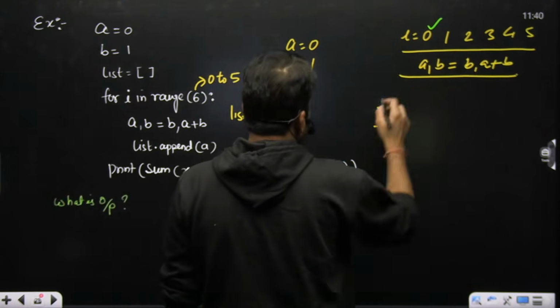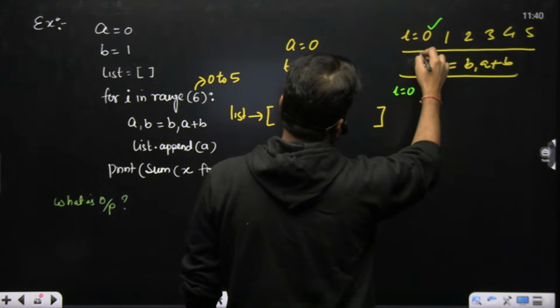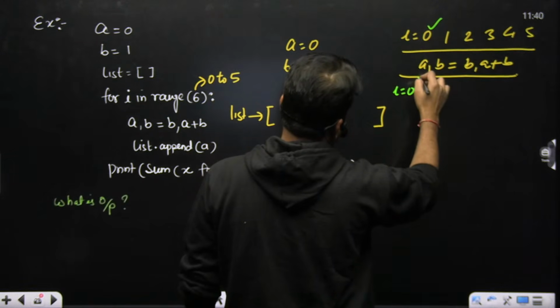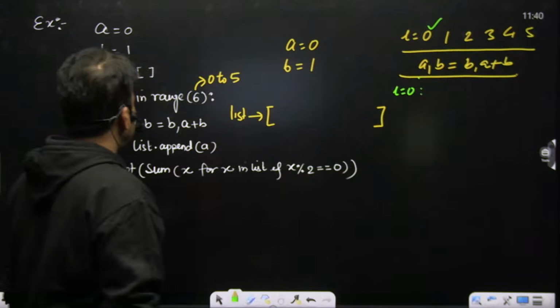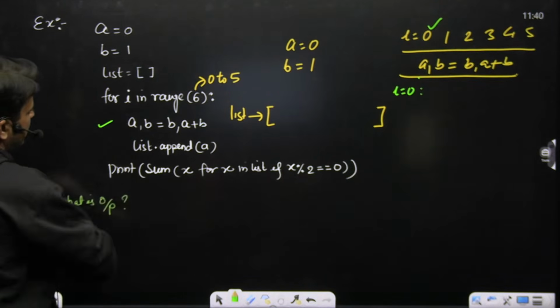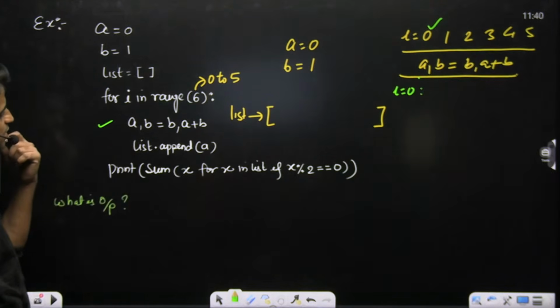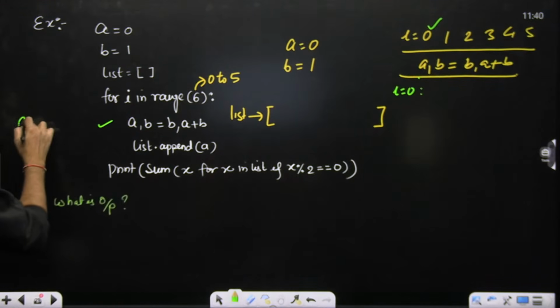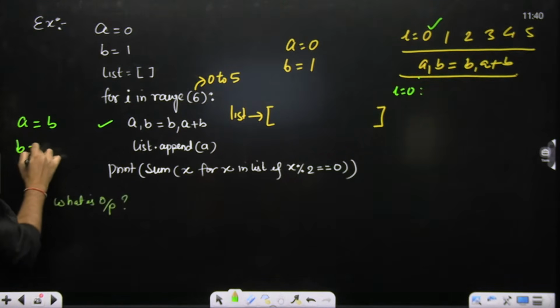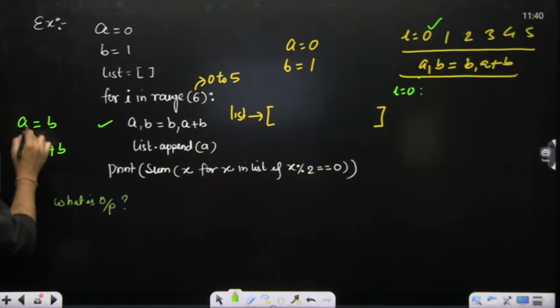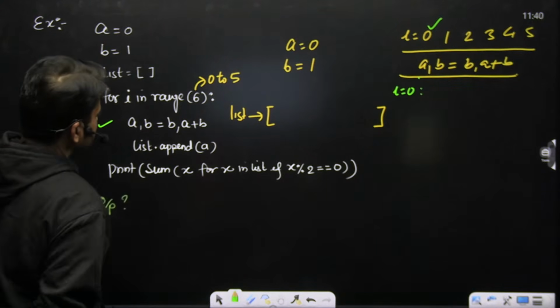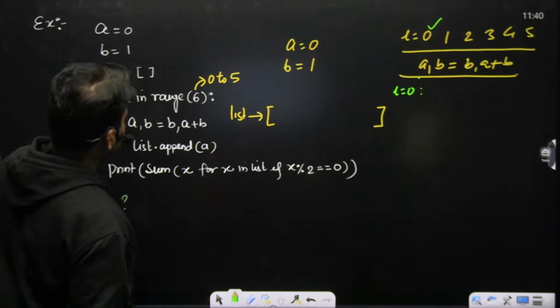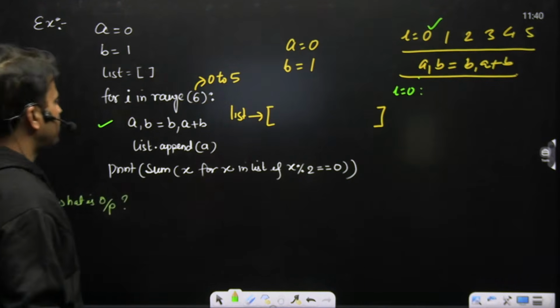So my dear student, if I equals 0, then this condition is true and you enter the for loop: a comma b equals b, a plus b. Sir, this is a parallel assignment, not serial. A equals b and b equals a plus b. This is parallel, not serial. Understood? Parallel assignment, right? So when I equals 0, a comma b equals what, student?